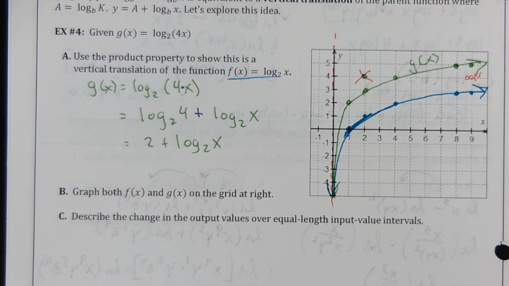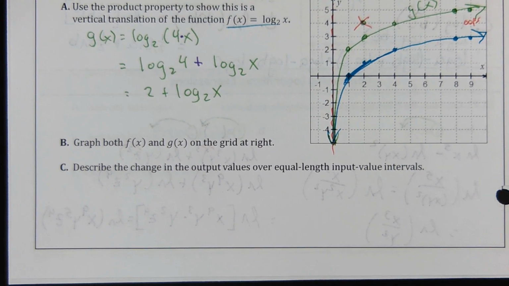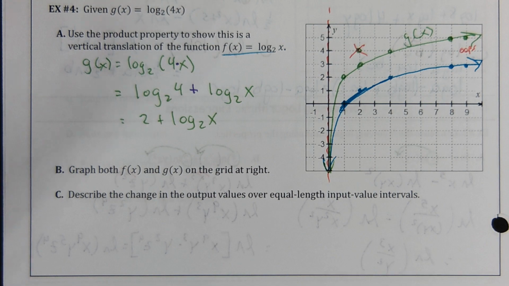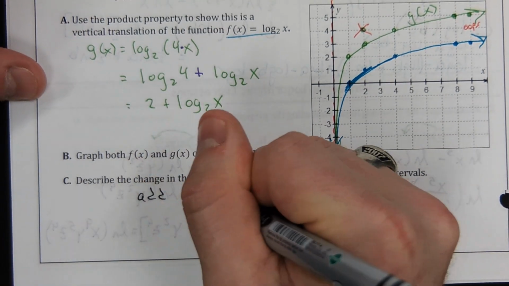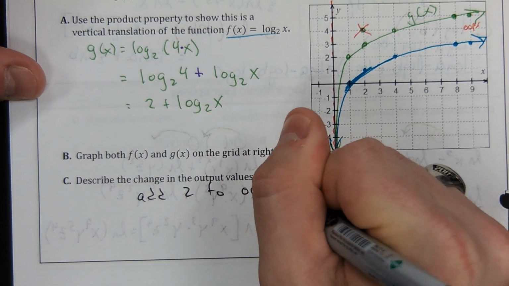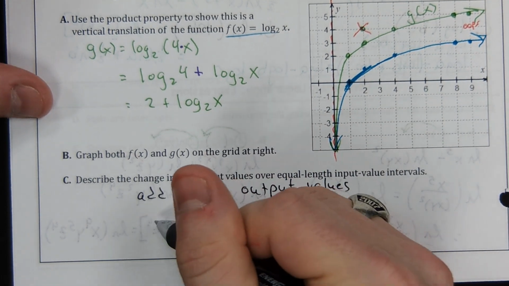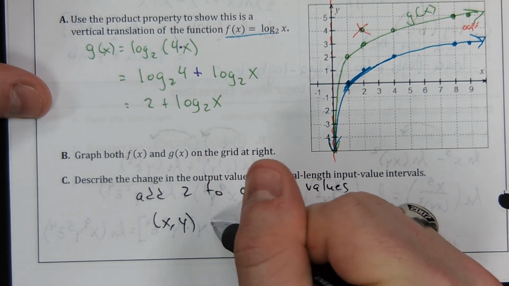Okay. Describe the change in output values over equal length input values. You know what the change in output values is? They're 2 more than the original. Add 2 to output values. That's not AP. Hey, let's write a rule just for funsies.